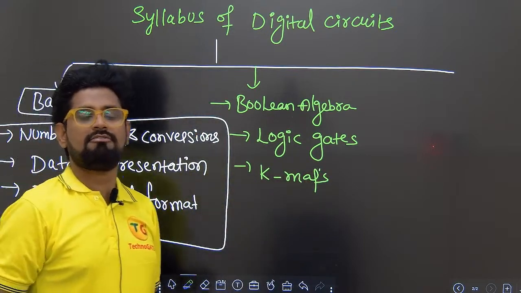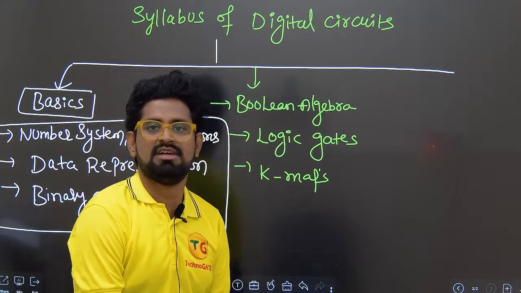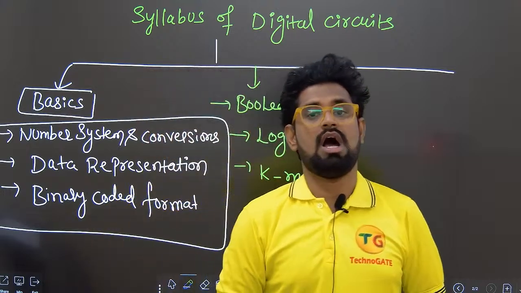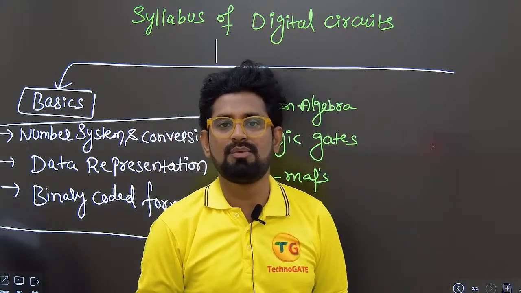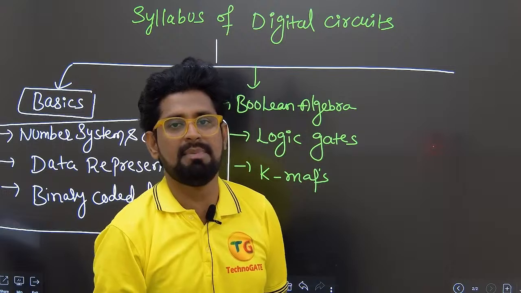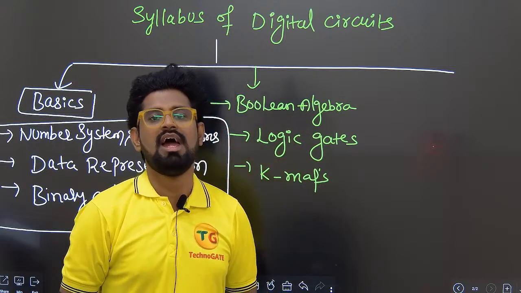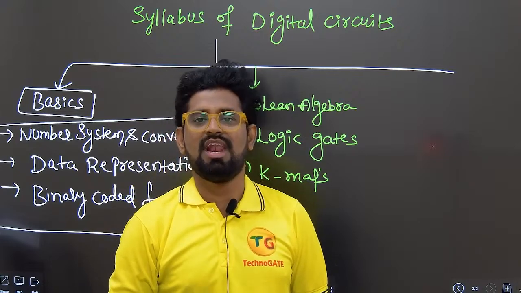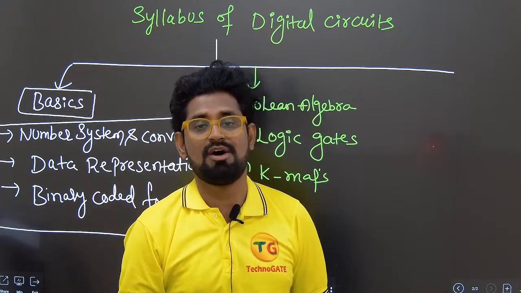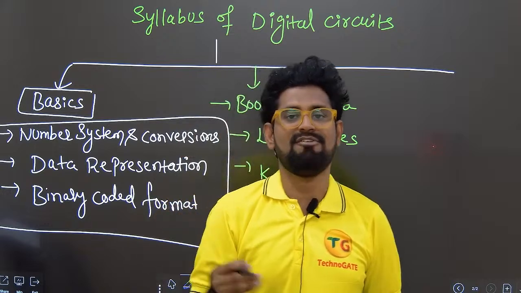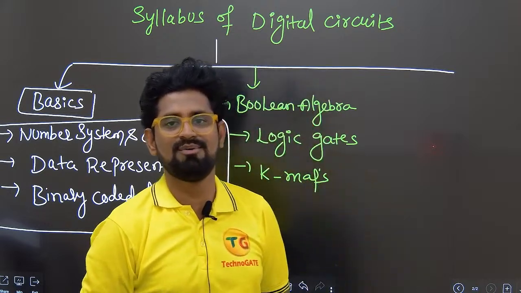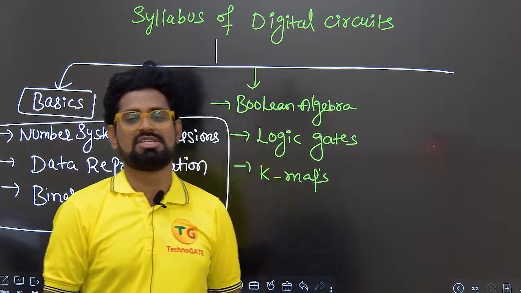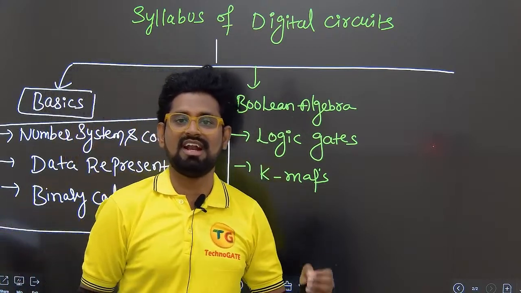After completion of K-maps, digital circuits are mainly classified into two types. The first type is combinational circuits and the second type is sequential circuits. So let us study what combinational circuits are and what the various types of circuits we have, like half adder, full adder, half subtractor, full subtractor, multiplexer, encoder, decoder.